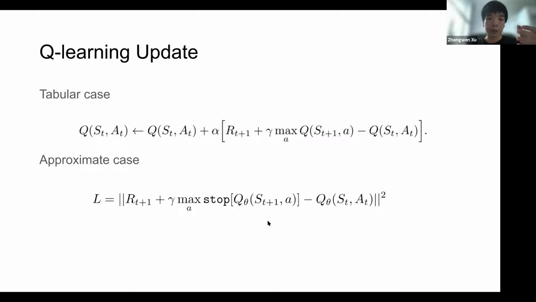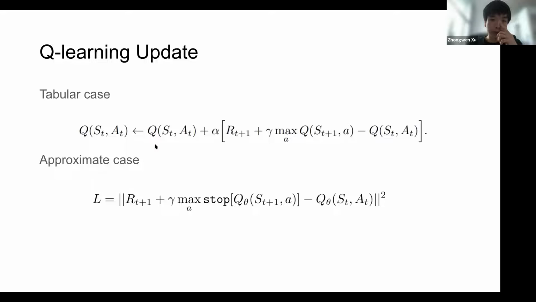In order to do that, we use a parameterized form of the Q values. Here, as you can see, the Q values are parameterized by the parameter theta, still taking the same input of S and A. However, it is using the parameter theta to parameterize the Q values.